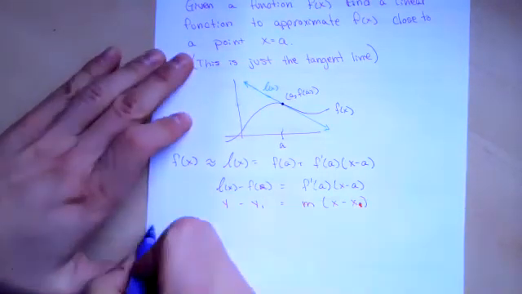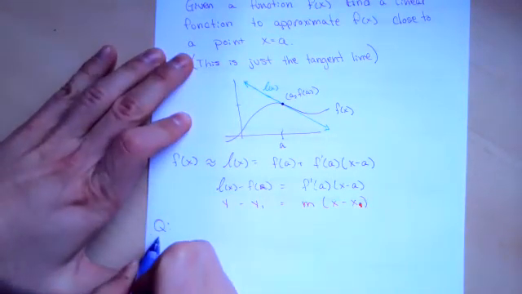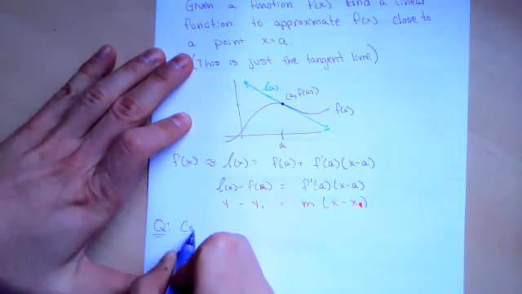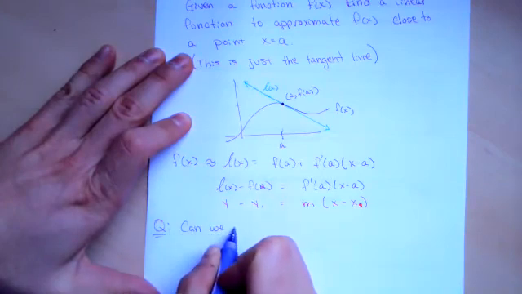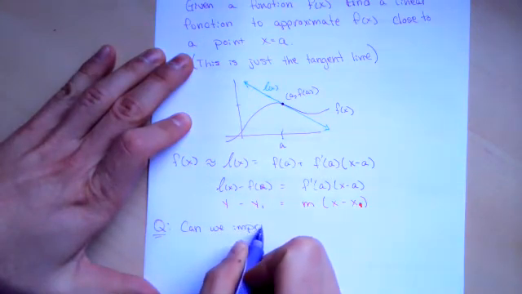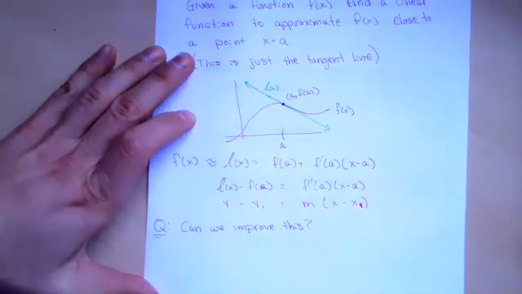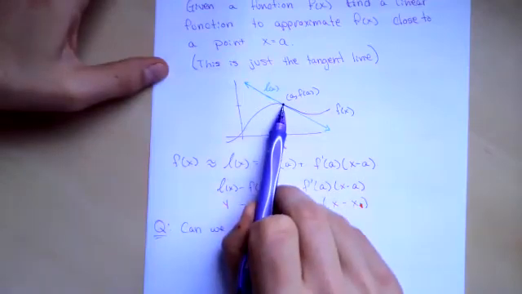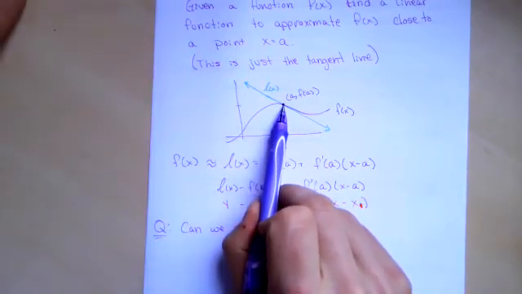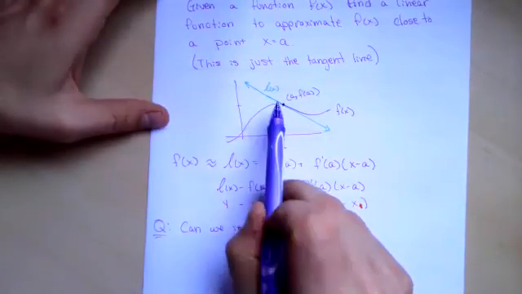Our question then is can we improve this? And how? So, of course, we see at that point the linear function and the actual function match.